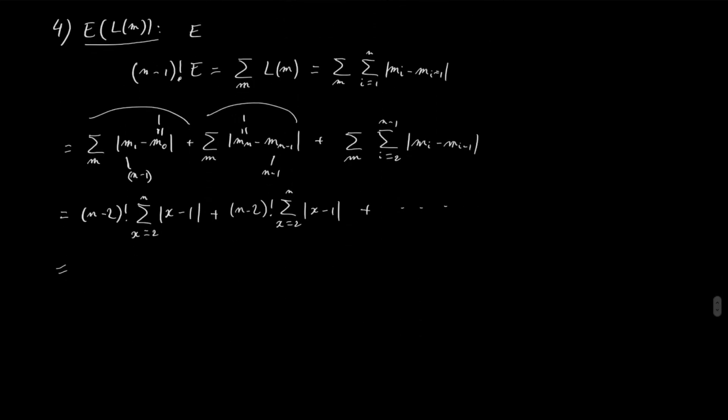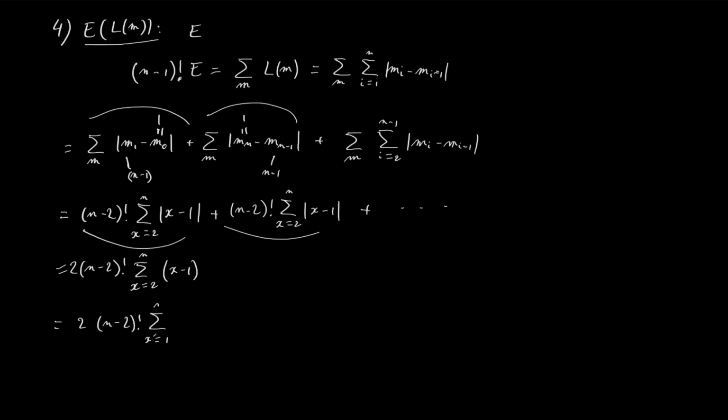So this is equal to (n-2)! multiplied by 2 because we basically have the exact same sum here, the sum from x equals 2 to n of (x-1). And this can be written as 2 times (n-2)! times the sum from x' equals 1 to n-1 of x', and this is equal to 2 (n-2)! times that sum.